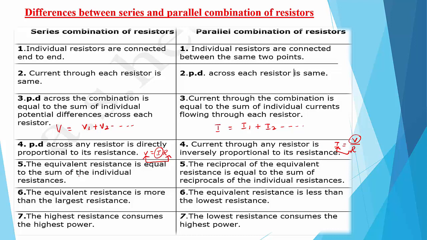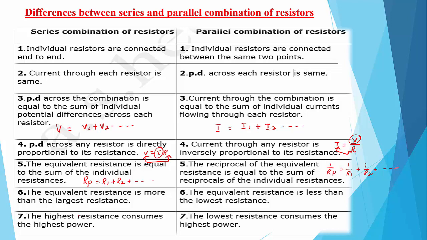Then the fifth difference. In series, the equivalent resistance is equal to the sum of individual resistances. We already derived Rs equal to R1 plus R2 and so on up to the nth resistor. But in parallel combination, the reciprocal of the equivalent resistance, that means 1 by Rp, is equal to the sum of reciprocals of individual resistances, 1 by R1 plus 1 by R2 and so on.